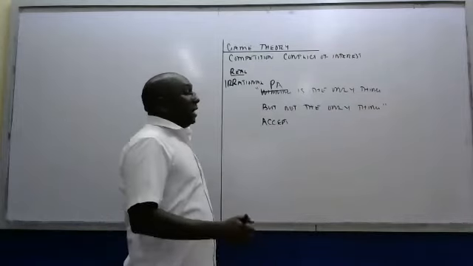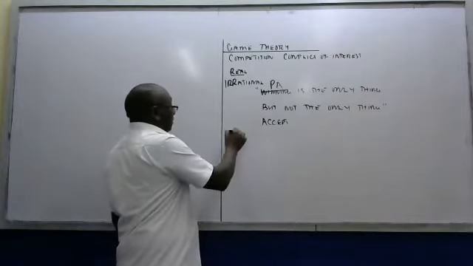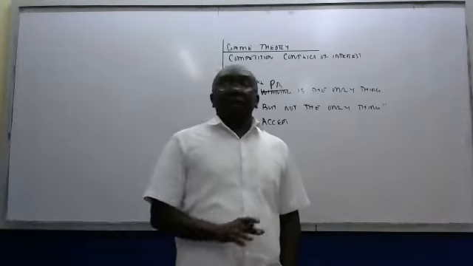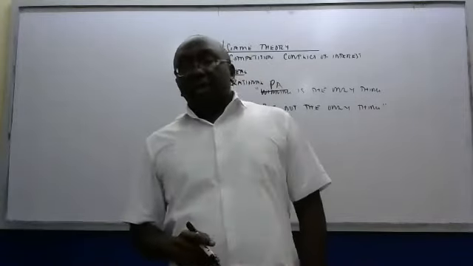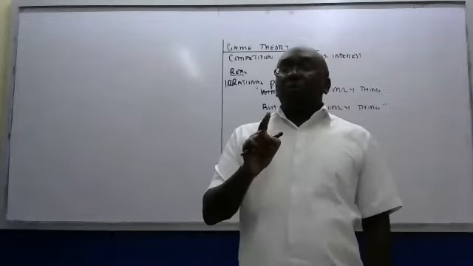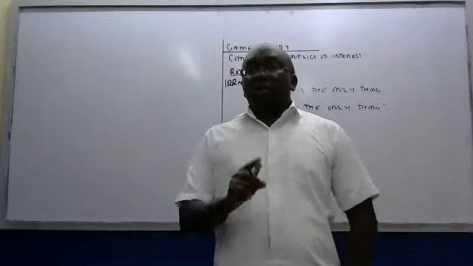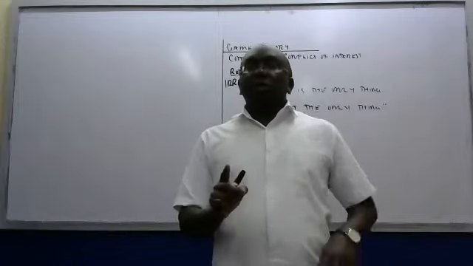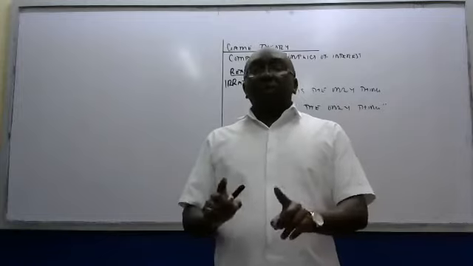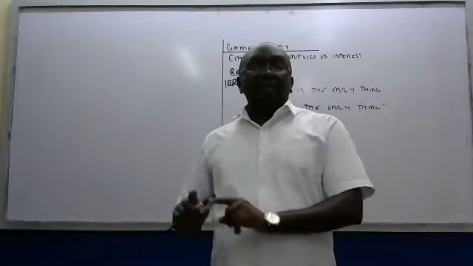The other one is that there should be free flow of information. When you are competing with a person, you should have free flow of information. And this is one of the reasons why you find when it comes to Form 1 admissions, there is always a problem. You find the government wanting to favor those who are from public schools compared with those who are from academies.